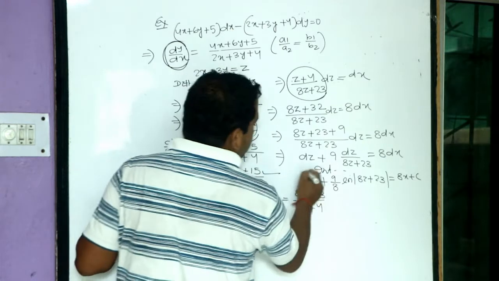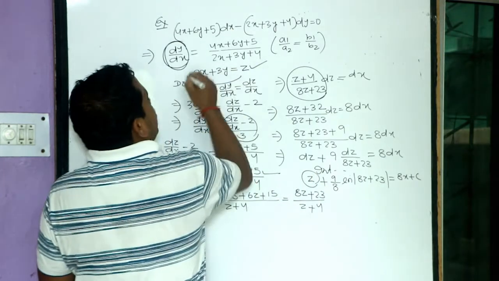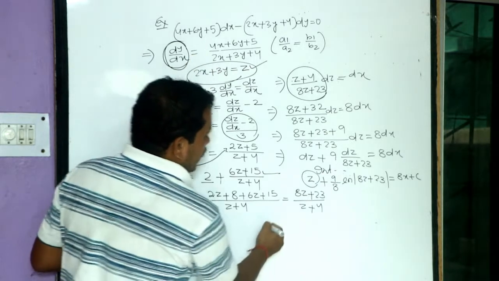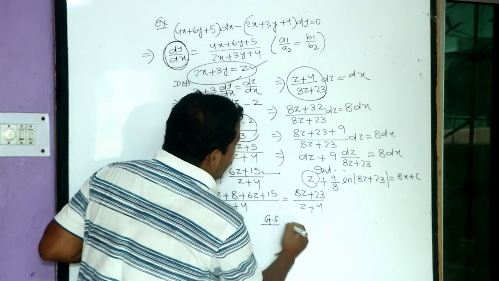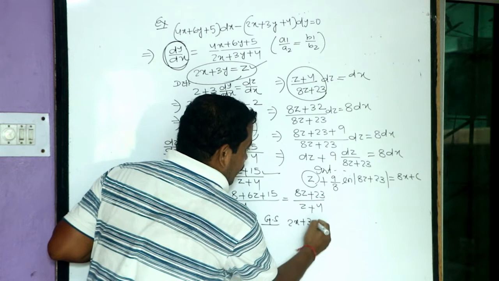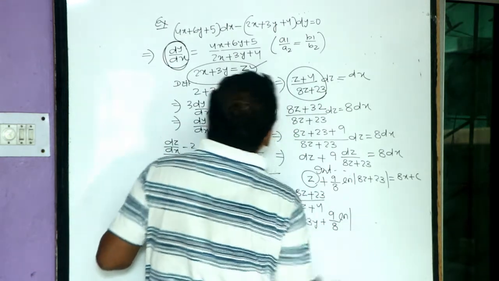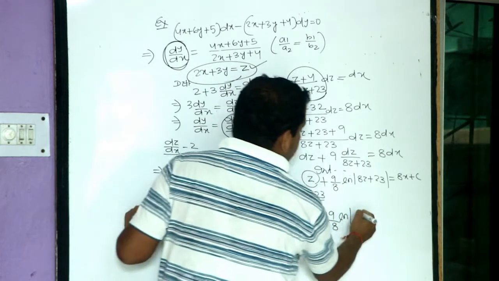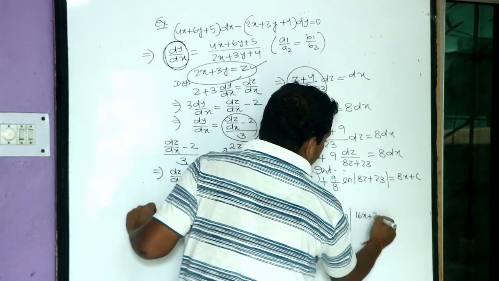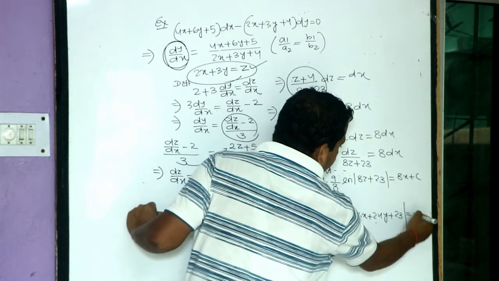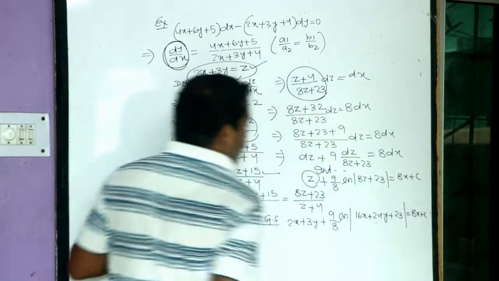Now you just put z as 2x plus 3y. So the general solution becomes 2x plus 3y plus 9 by 8 log(8z) means log(16x + 24y + 23) equals 8x plus c.